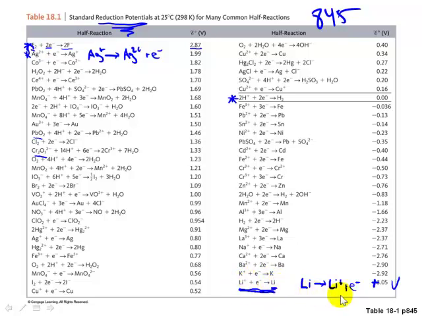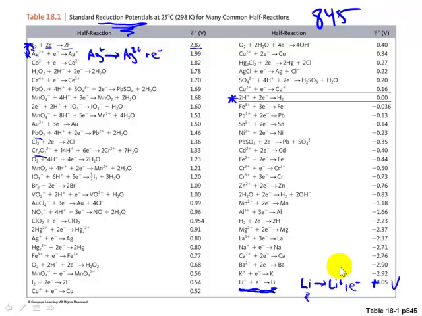Flipping it around is very favorable. And so lithium metal is likely to be oxidized, whereas fluorine gas is likely to be reduced. This guy is going to act as an oxidizing agent. This guy in a redox reaction will act like a reducing agent. And ladies and gentlemen, life is beautiful, okay?